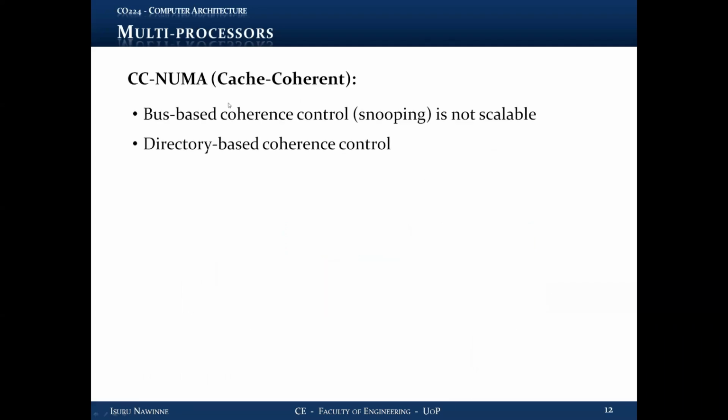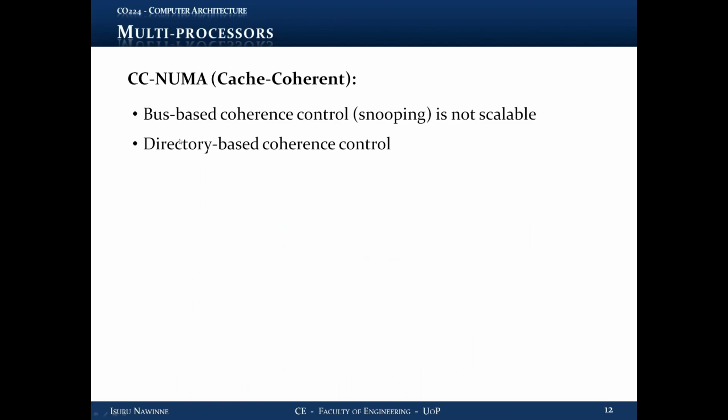Okay. So in contrast to NC NUMA, the other one is CC NUMA, cache coherent NUMA, where you have caches. If you have caches, you have to maintain cache coherency. Such systems we call cache coherent NUMA systems, or CC NUMA systems. In such systems, bus-based coherence control is not going to work.